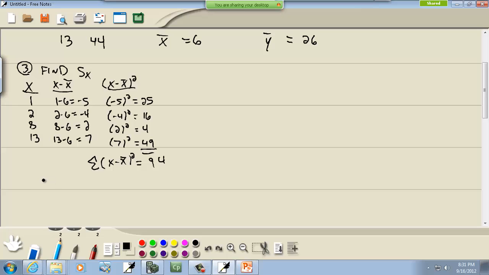Now s sub x is equal to the square root of the sum of x minus x bar squared over n minus 1. So we'll have 94 up on top here, and we got 4 numbers, so that's 4 minus 1, which gives us 94 over 3.